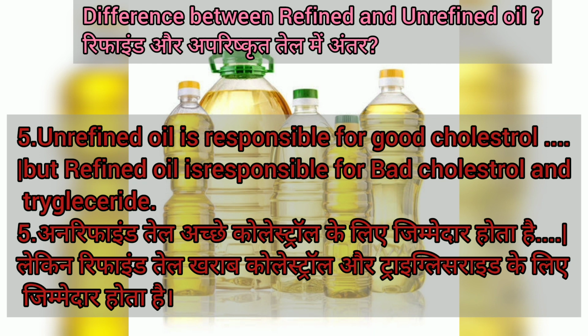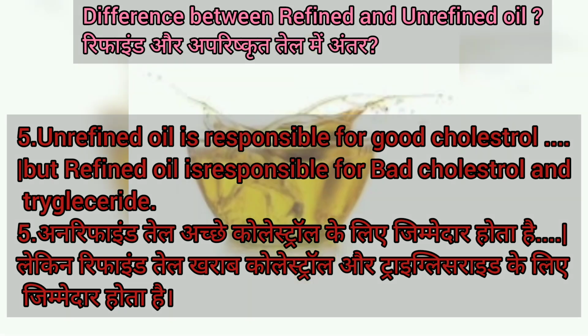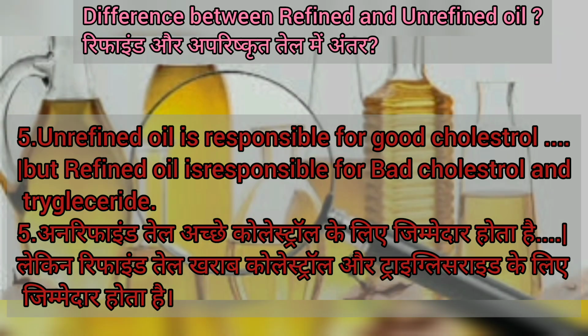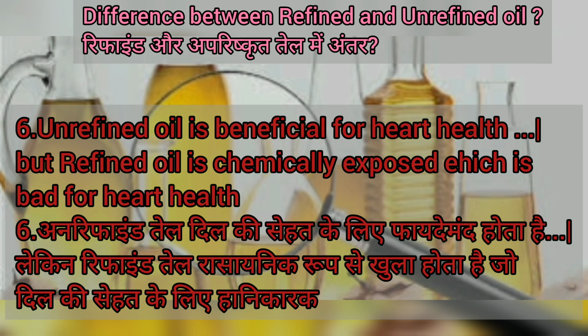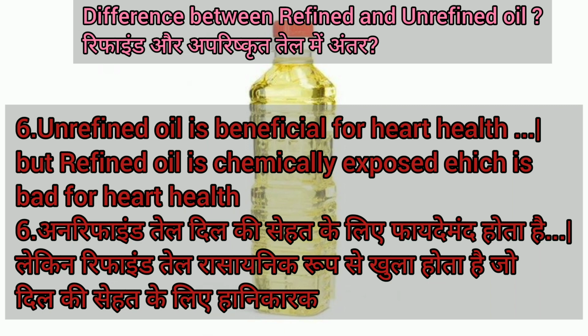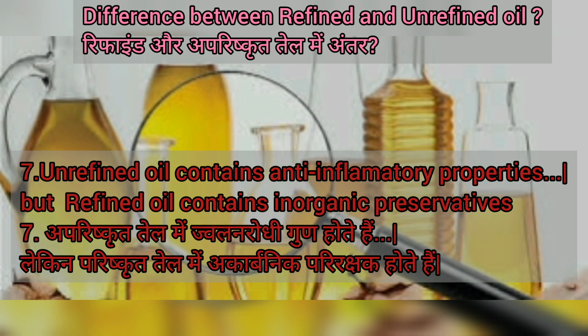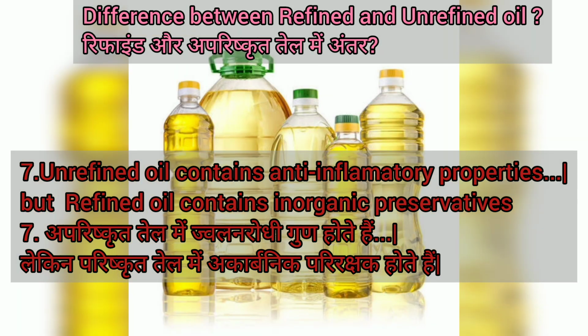The next difference is that unrefined oil is responsible for good cholesterol, and on the other hand refined oil is responsible for cholesterol and triglycerides. The next difference is that unrefined oil is beneficial for heart health, but on the other hand refined oil is chemically exposed, which is bad for heart health. And the next difference is that unrefined oil contains anti-inflammatory properties, but on the other hand refined oil contains inorganic preservatives.